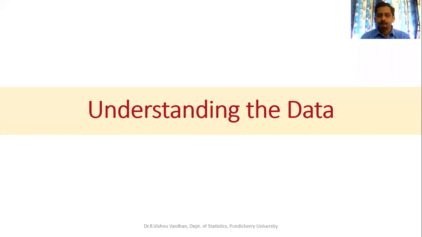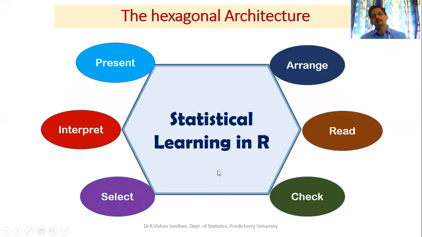So what sort of structures, what sort of architecture do we need once we start understanding the data? I'll start with this hexagonal architecture. The statistical learning in R basically requires 6 steps. What are the 6 steps? The first is arranging the data. Arrange, read, check, select, interpret, and present.